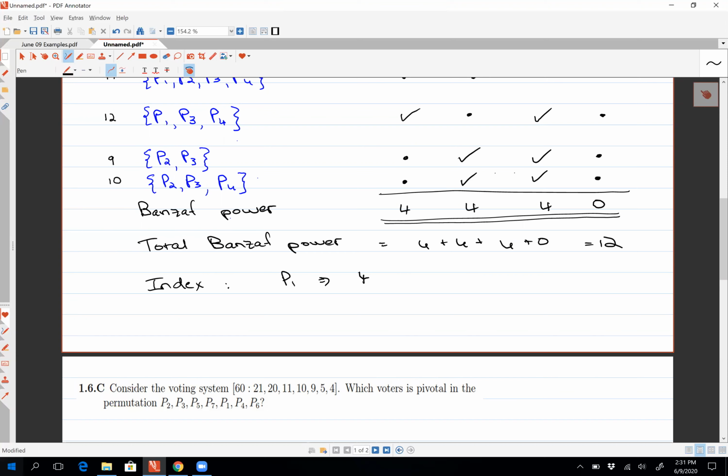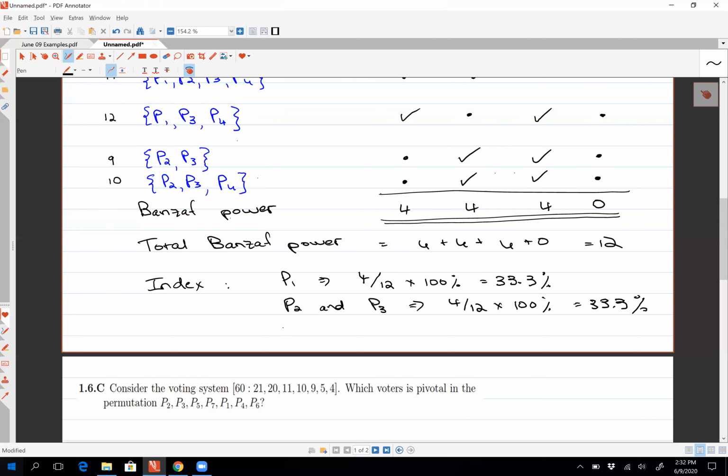So for voter 1, that's 4, divided by the total power, multiplied by 100 to make it a percentage. And this would be 33.3%. And if we do the same thing for P2 and P3, they will both as well have a Banzhaf power index of 33.3%.